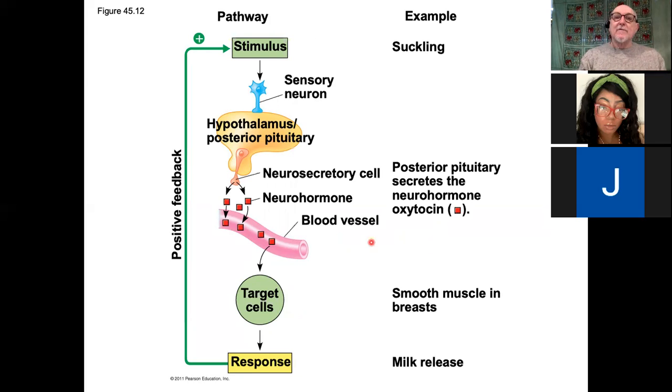So first of all, this is our introduction to the complexity of the functioning of the hypothalamus. The hypothalamus receives information in many forms. It receives information from sensory neurons all over the body, but it also is a direct sensor itself.